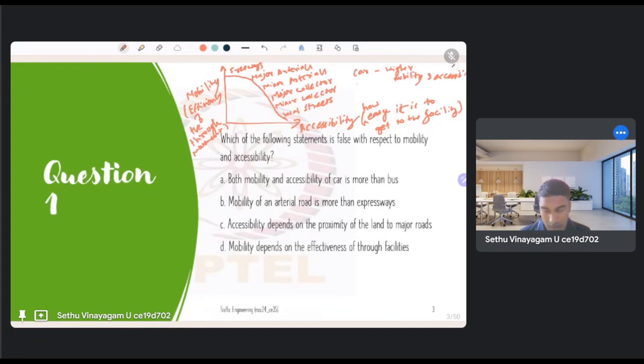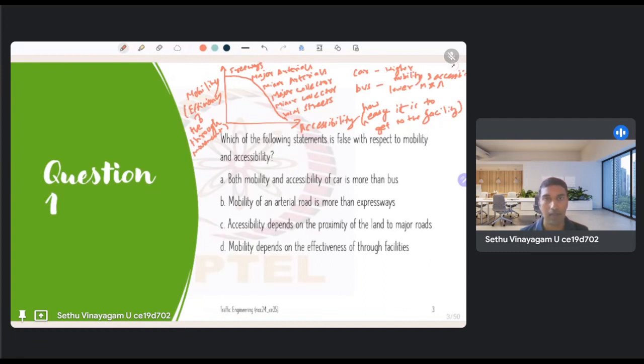So relatively, bus will have lower mobility and accessibility, right? Because to catch the bus, you need to move from your origin location to the bus stop, or a bus station, so you have to put in some effort to reach there, right? It's not as easy as taking your car, right? So therefore it has relatively lower accessibility.